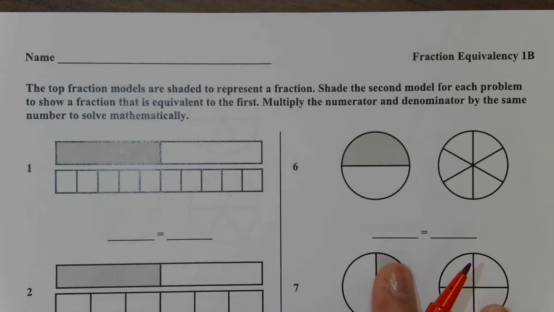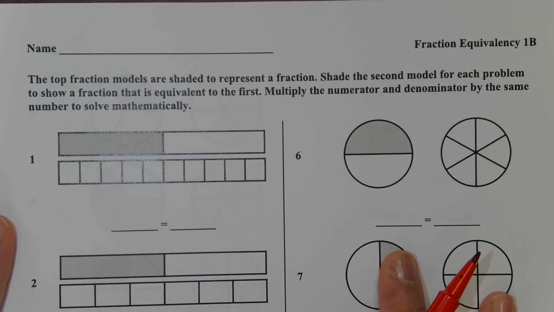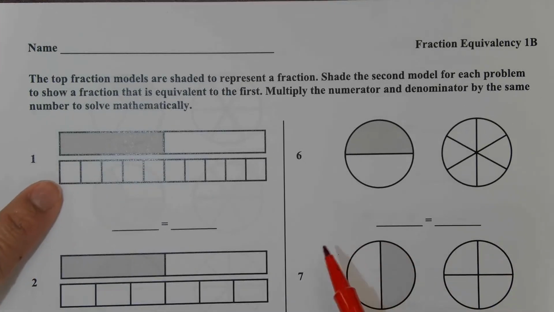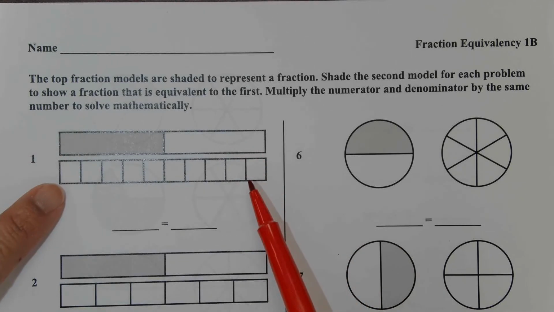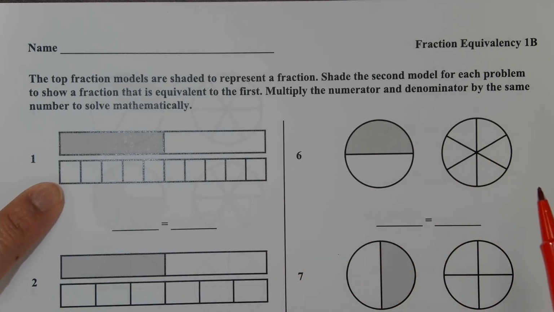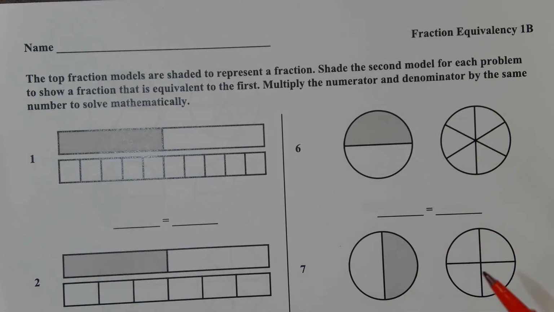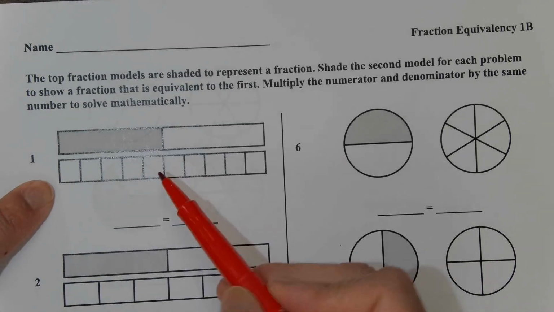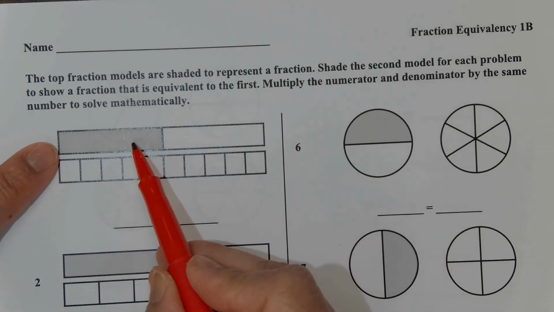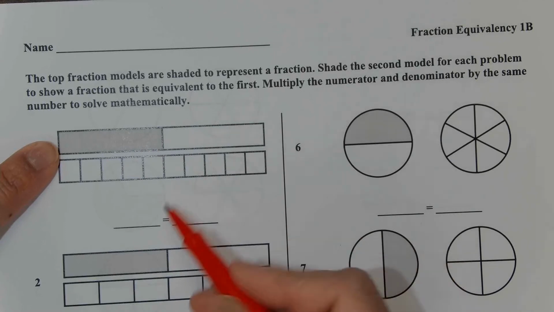On number 1, the top fraction models are shaded to represent a fraction. Shade the second model for each problem to show a fraction that is equivalent to the first. Multiply the numerator and denominator by the same number to solve mathematically. So I will do this example with you. So this is half. 1 is shaded out of 2.